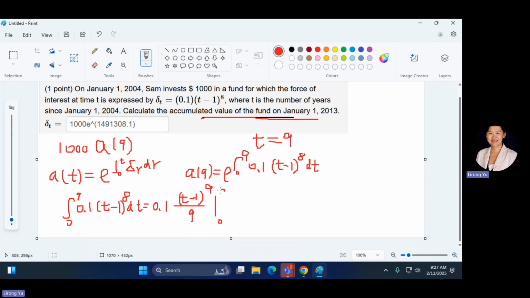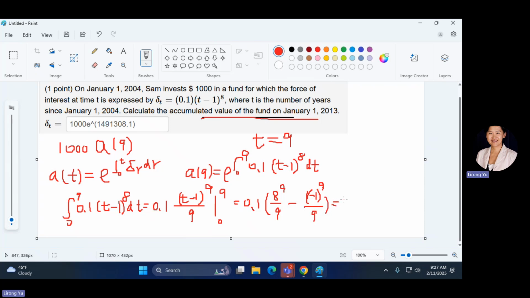So the upper limit is 0.1 times 8 to the power 9 over 9. The lower limit is (-1) to the power 9 over 9.